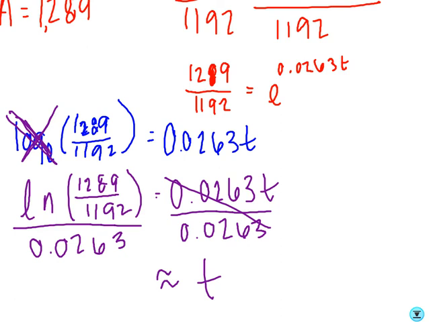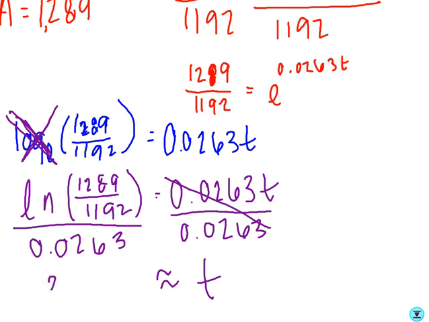So ln, just like you see on the calculator, is right below the log button. 1289 divided by 1192. Close that parentheses just like you see it, and then divide again by 0.0263. 2.974.